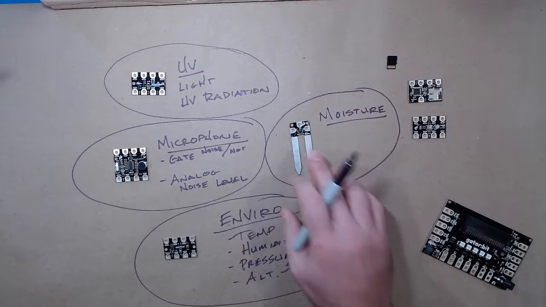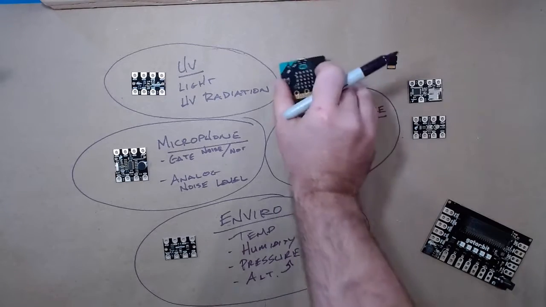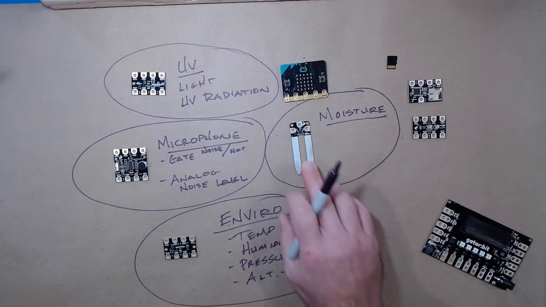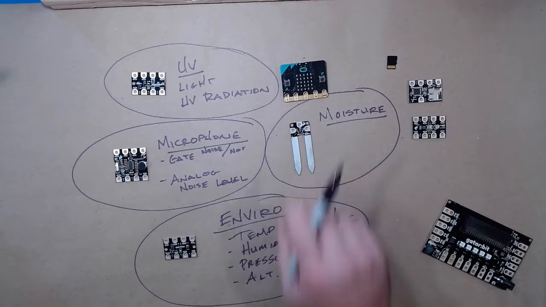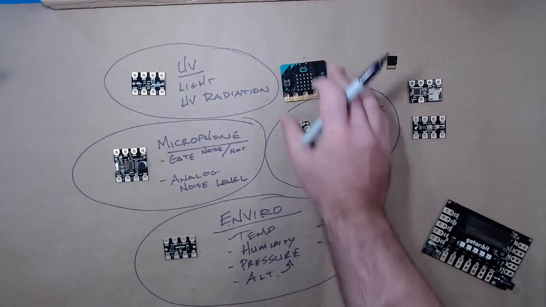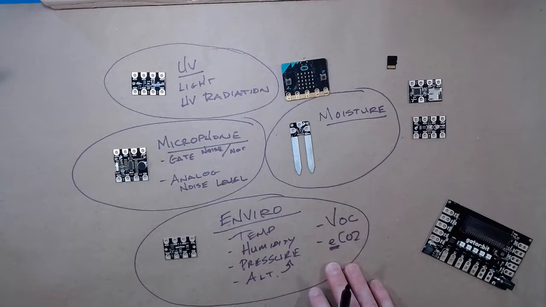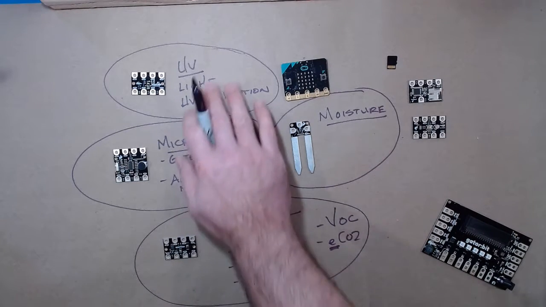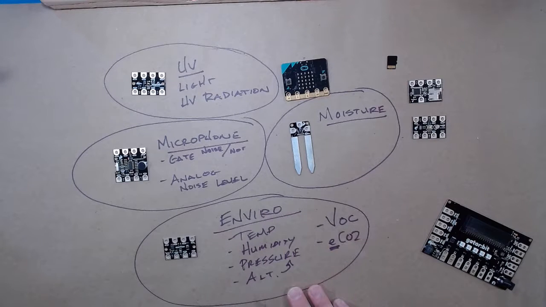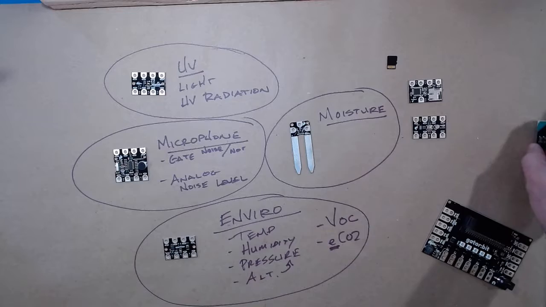This is actually an analog sensor, so it could be used in conjunction with a micro:bit by itself, just attaching the signal pin to 0, 1, or 2 on the micro:bit itself. And we'll cover the difference between what an analog sensor is versus the I2C or the bus that these boards use in a bit. So that's the moisture sensor.